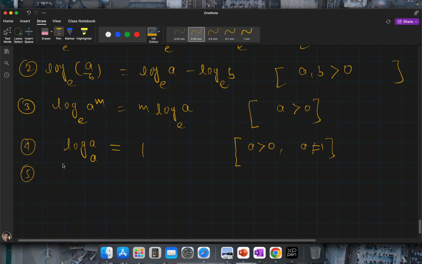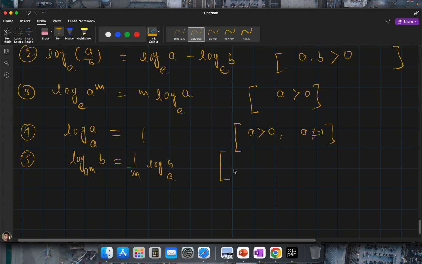Fifth property. Log of b to the base a raised to the power m will be equal to 1 by m log b to the base a. What is the restriction? m greater than 0?